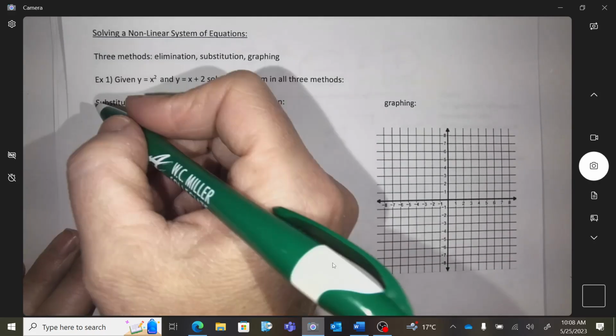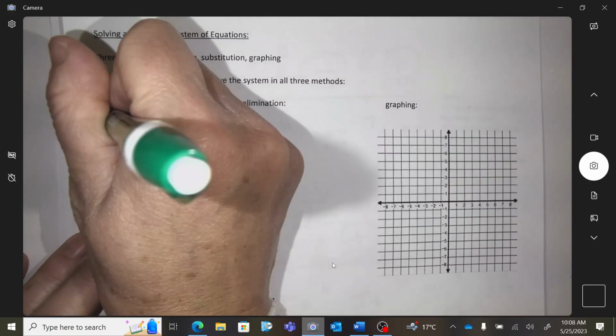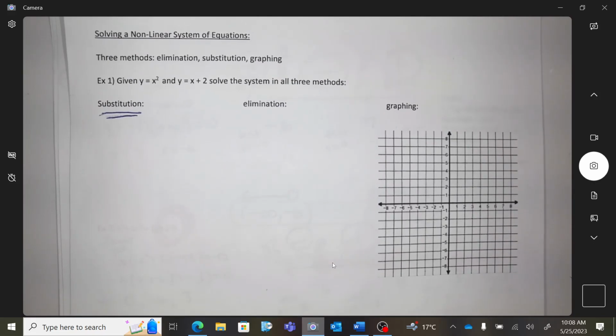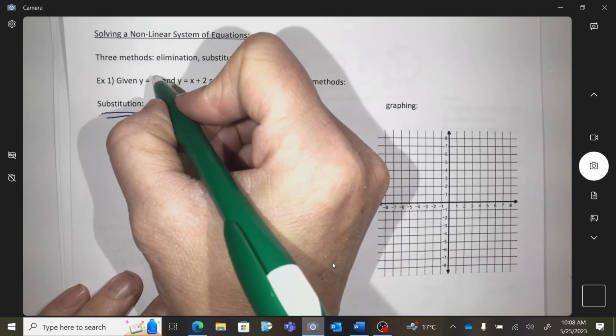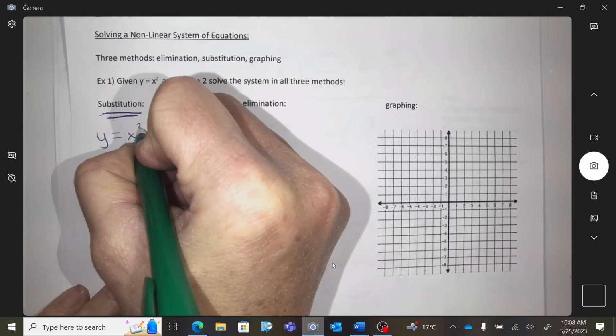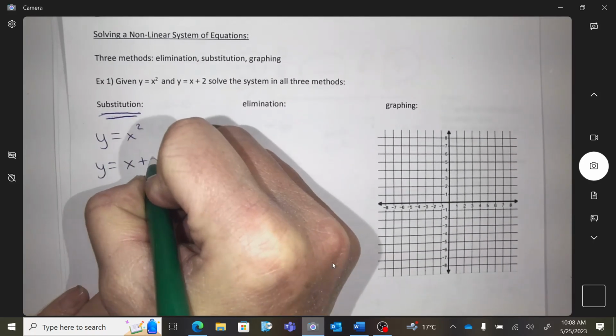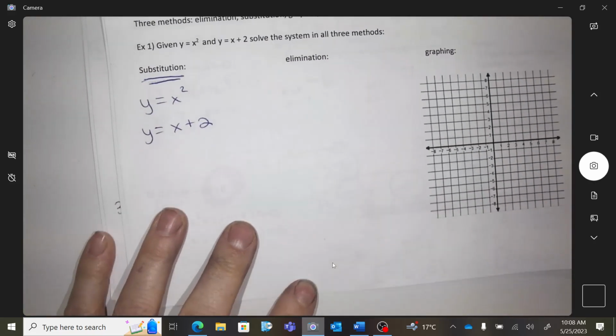Okay, substitution is when you have something alone and then you go plug it in and replace it. So I'm just going to rewrite this for a second. So here's my two equations.